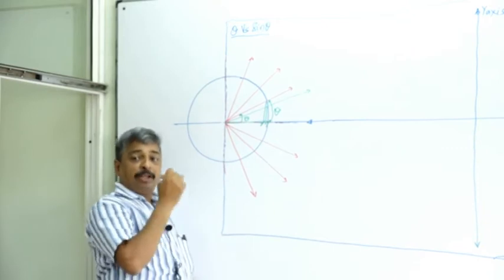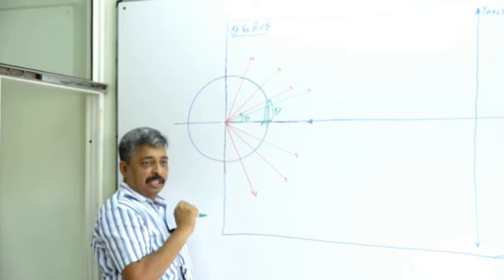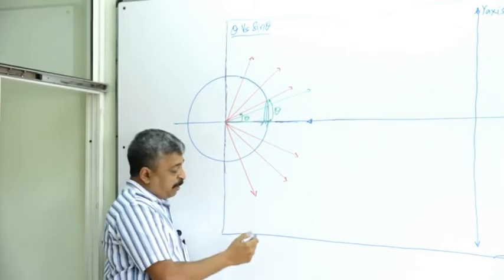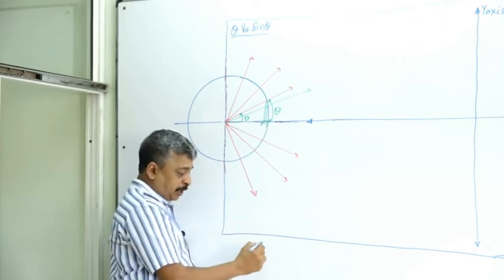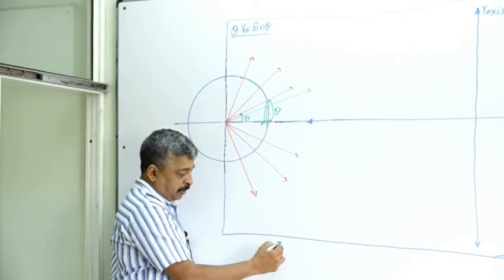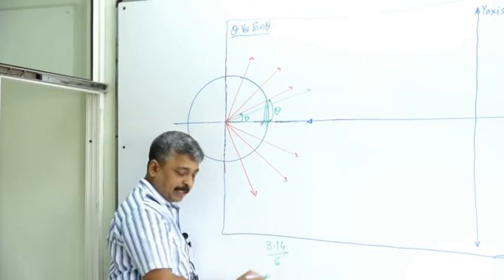So the numerical value of theta, suppose this is pi by 6, which is 30 degrees. So for all practical purposes, let us take the pi value as 3.14 upon 6.